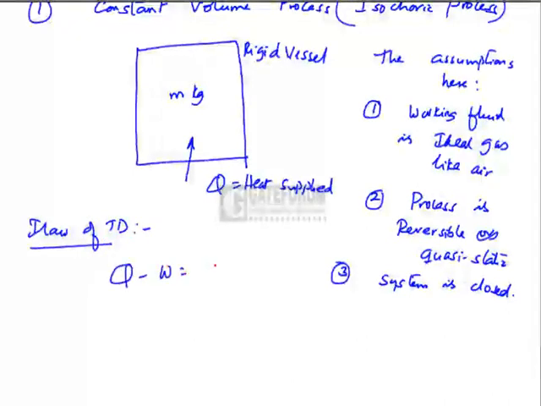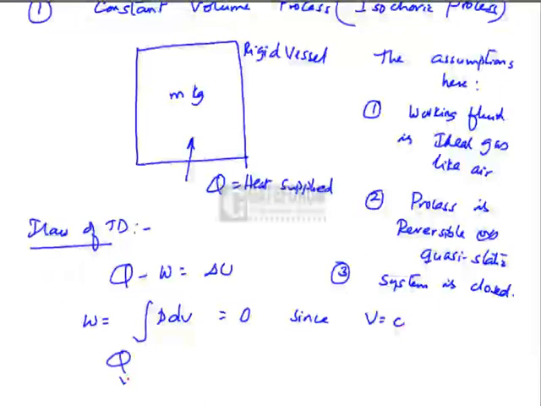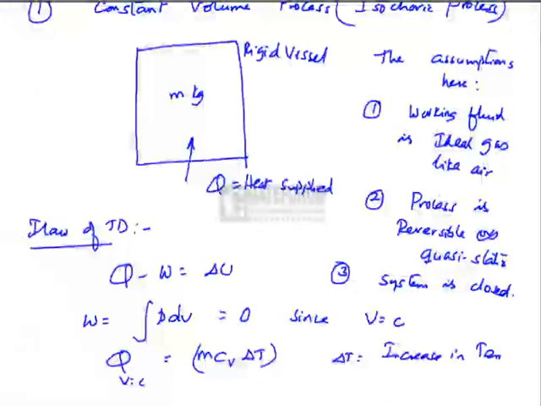Then writing the first law of thermodynamics to the closed system, Q minus W is equal to delta U, change in internal energy. But here work done, integral PdV, is 0 since there is no change in volume. Volume is constant. From the definition of CV, heat supplied at constant volume is given as mCV delta T, where delta T is increase in temperature of gas.